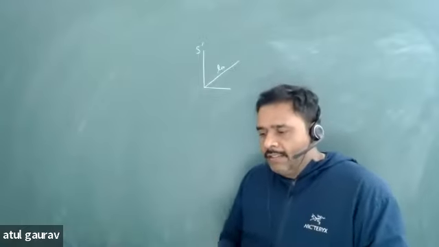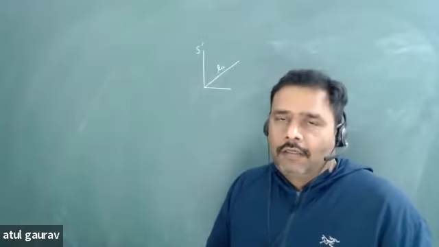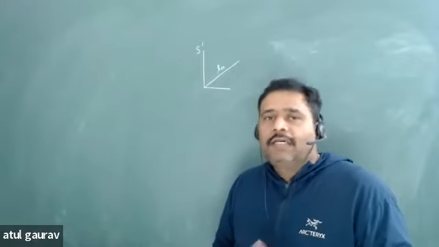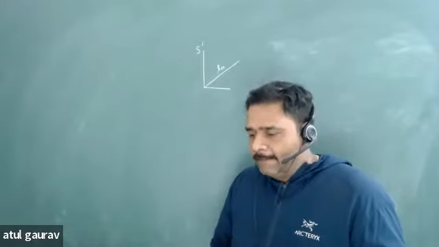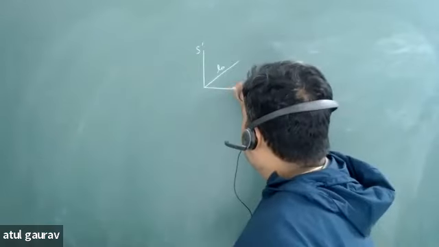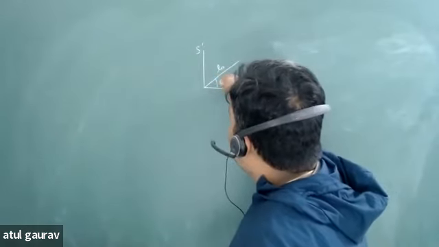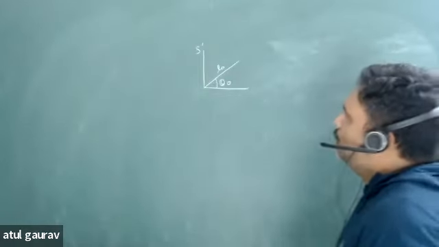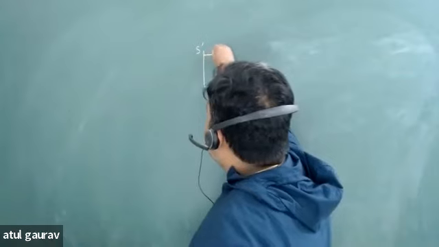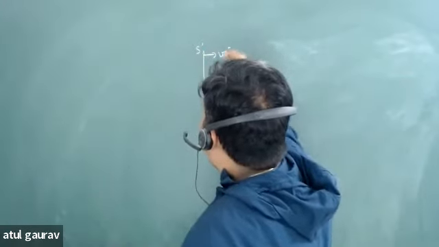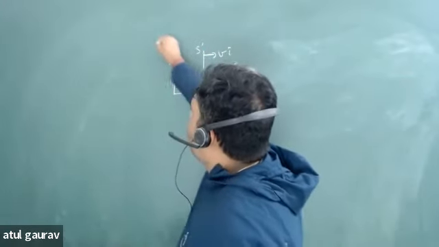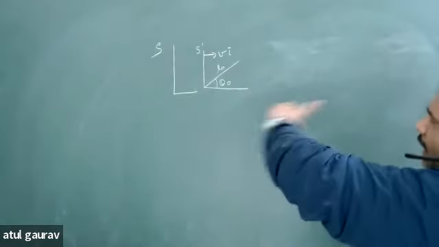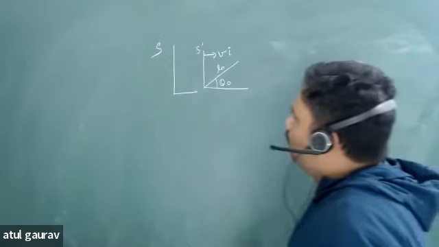If I am saying that the proper length of the rod is L naught with respect to S dash, that means the rod is at rest with respect to S dash. And it will make some angle theta naught with respect to S dash. And this S dash is moving with velocity v in I cap direction with respect to S. This S dash is moving along the X direction with velocity v.